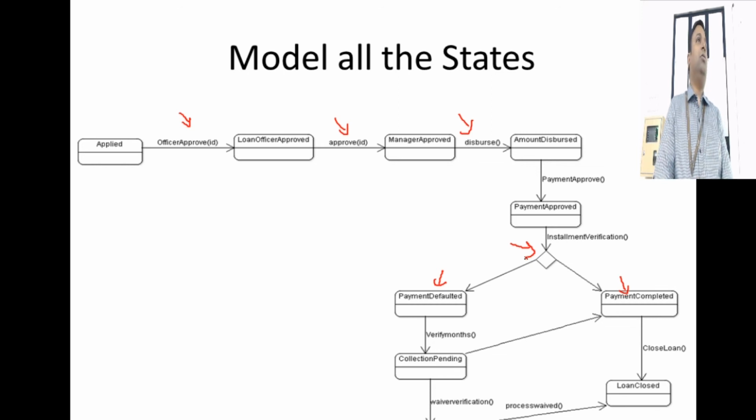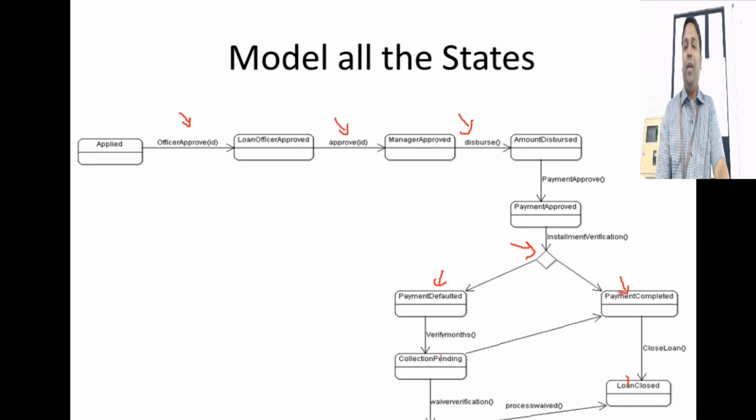He gets the loan, his payments are approved. If he is paying, the method will put him in a payment complete state. If he is not paying, it will calculate and move him to a payment default state. So that is the meaning here. So you can have decisions for your states, and he goes to payment defaulter, then collection pending, loan waived, and from there loan closed.